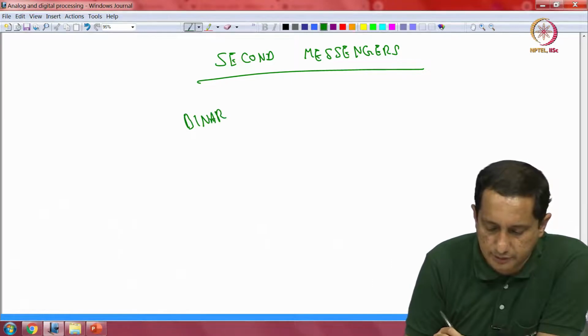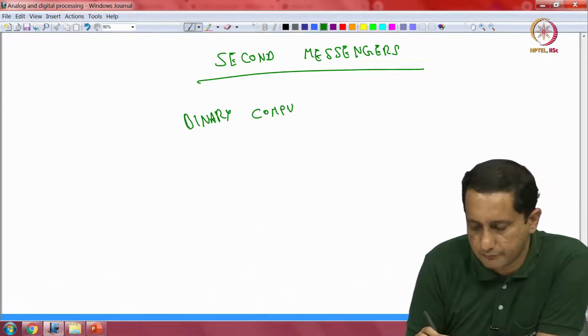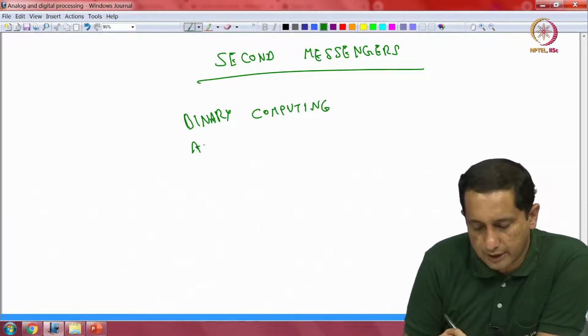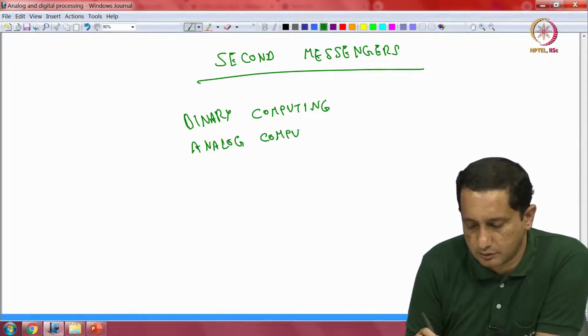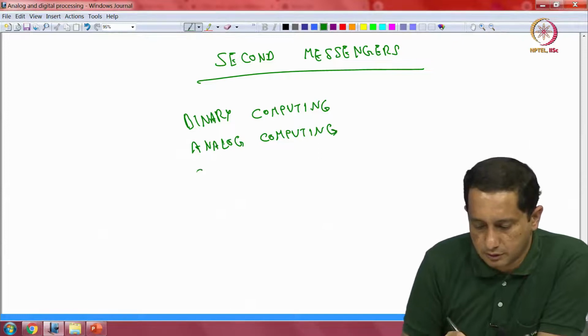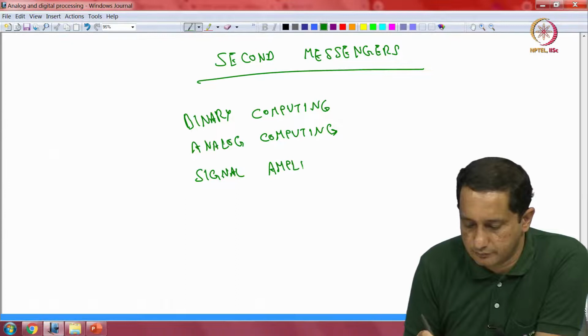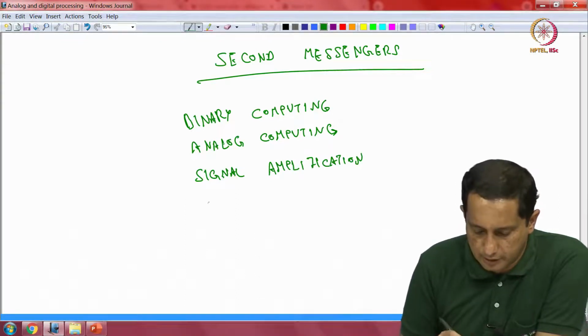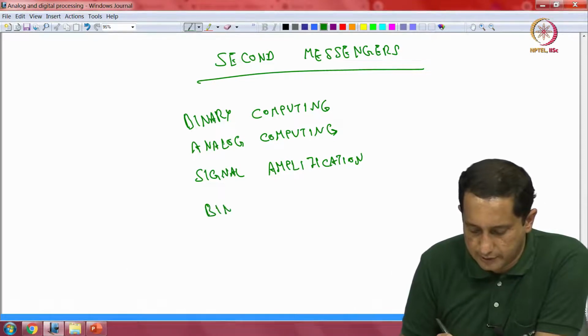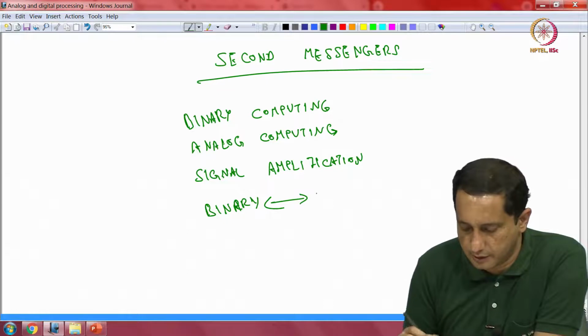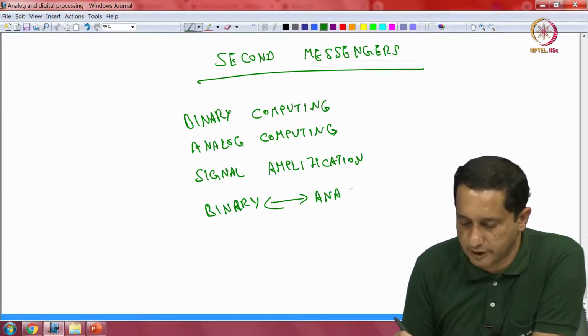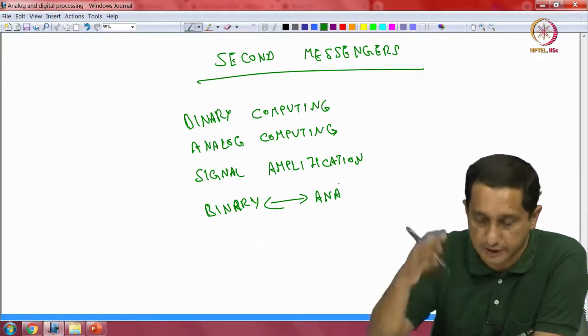binary computing, analog computing, signal amplification, then how binary and analog changes from one to another, and it goes on continuously within the network.